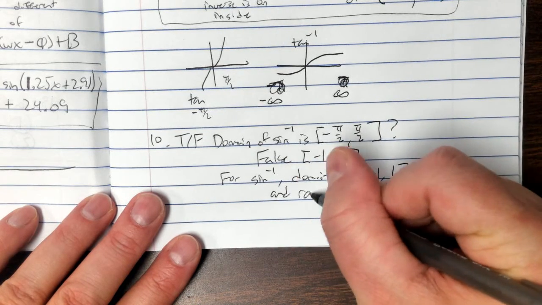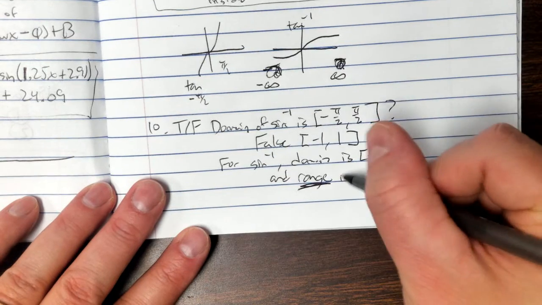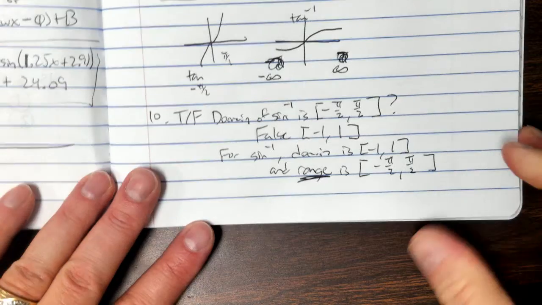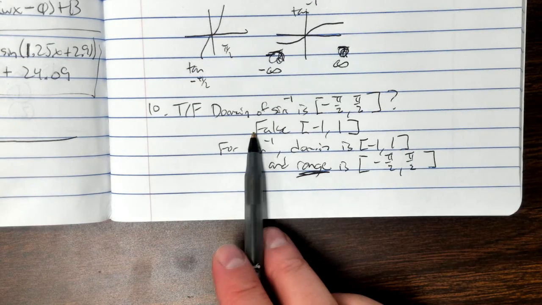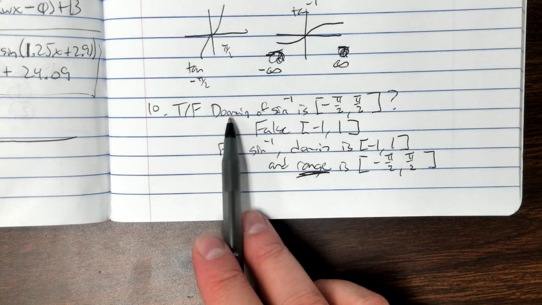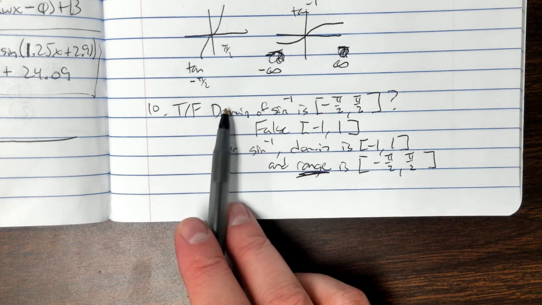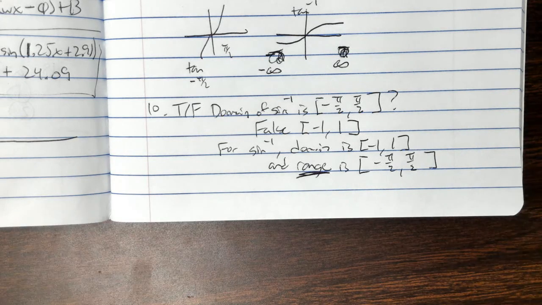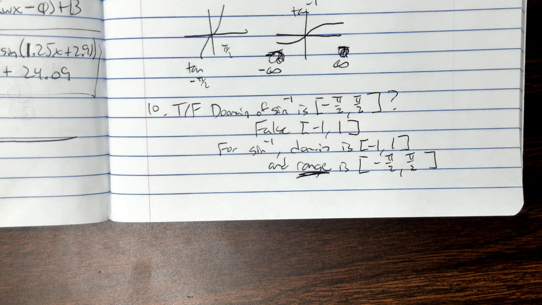And the range is -pi-halves to pi-halves. So they basically want that it's false because they're trying to confuse you. They're putting domain, and it should be range for it to be true. Okay, so that's number 10. Any questions?